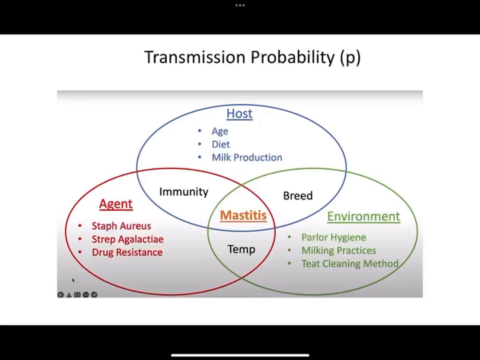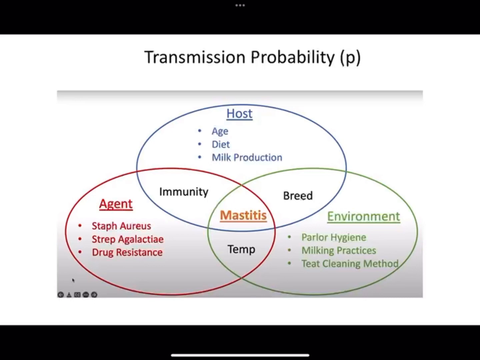You can break those down into host factors, like how strong the immune system of the host is. That's a product of a bunch of things, like whether they've had the disease before, how old they are, and just how immunocompetent they are, which is a combination of how good their diet is and so on.